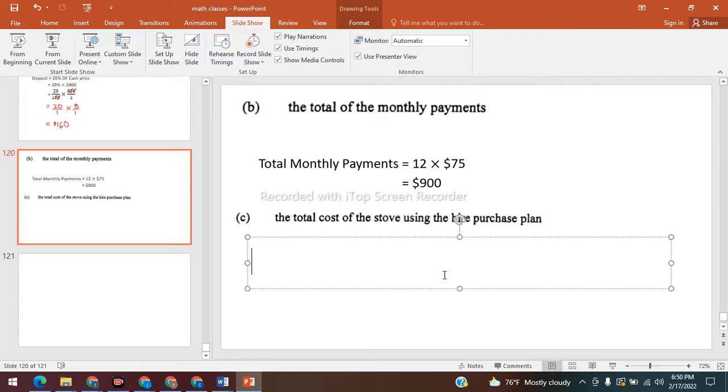Definitely, what you do is you take the total monthly payments and you add it to the deposit.